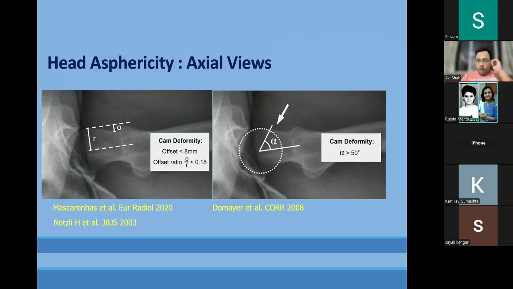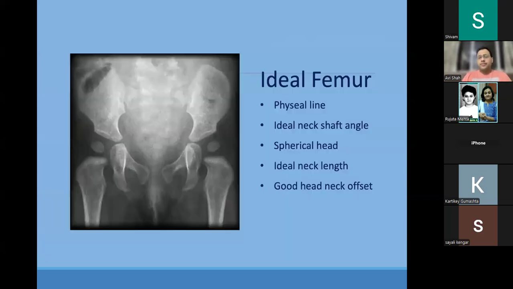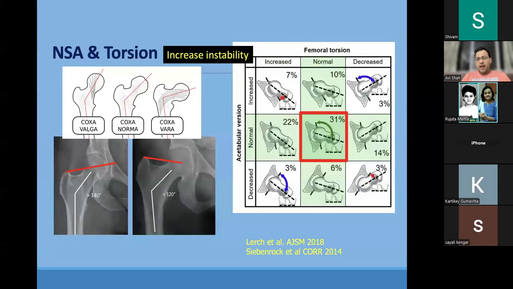Also the offset should be more than 5 millimeters at the bare minimum. If the offset is less, then cam morphology is causing problems. So the ideal femur, as we said, should have a proper physeal line.